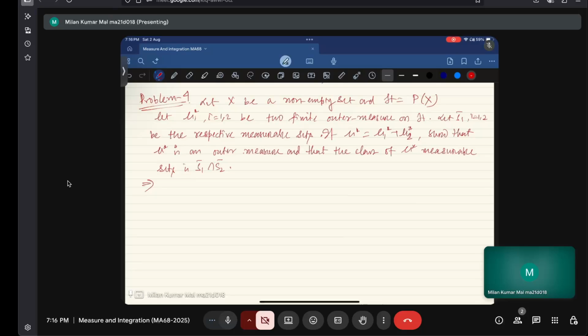That's why this is a hereditary sigma algebra. It is not only a hereditary sigma ring, but a hereditary sigma algebra, because the full set X is also there.